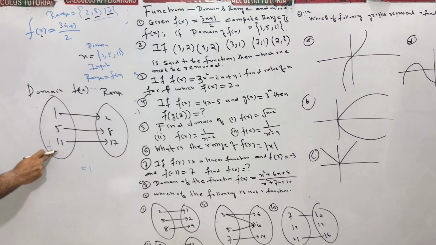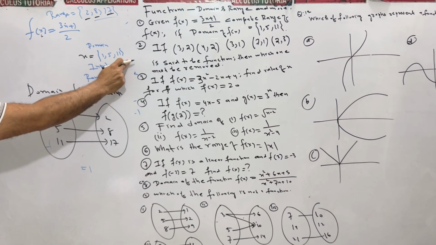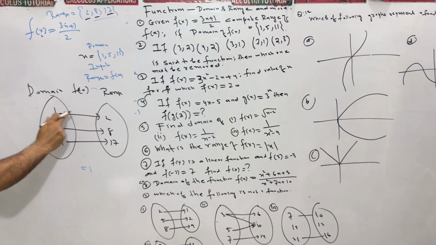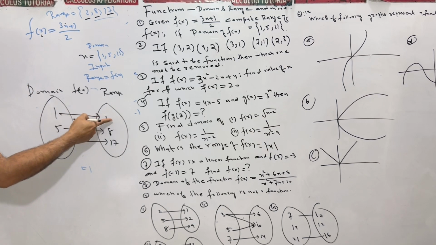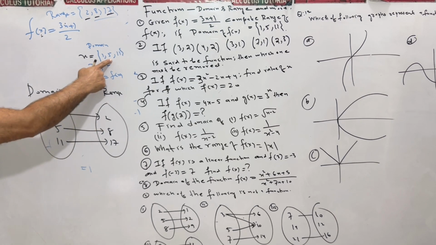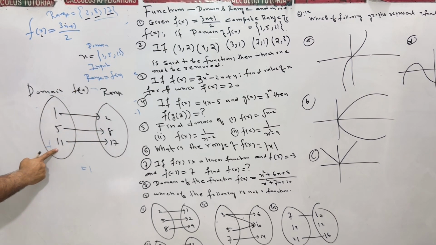So these are the values of x in the domain: 1, 5, 11. On insertion of 1, the result is 2. I have written f of 1 is equal to 2. The image of 1 is 2, the image of 5 is 8, and the image of 11 is 17.